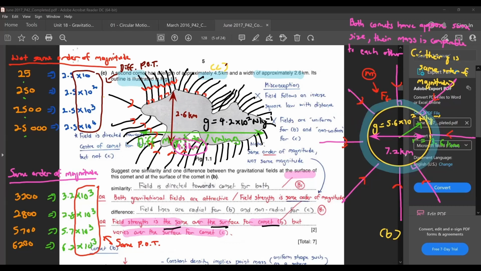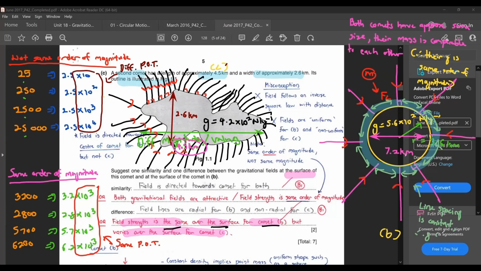Okay, so now if you just look at the regularly shaped comet, the uniform comet, throughout the surface only, what can you say about the spacing of the lines from one to another? If you look at the spacing of the lines from one to another along the surface, you will see that the line spacing is constant.